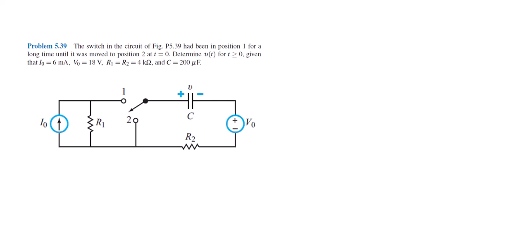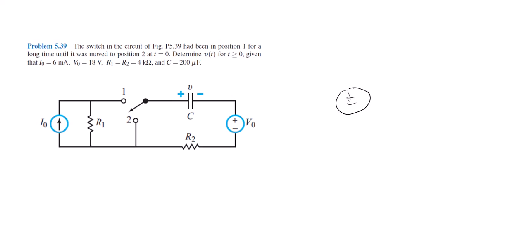And since y'all said you're okay with it, the very first thing I'm going to do on this one is a source transformation. I hate current sources, and if I have a current source in parallel with a resistor, I'm going to do a source transformation.